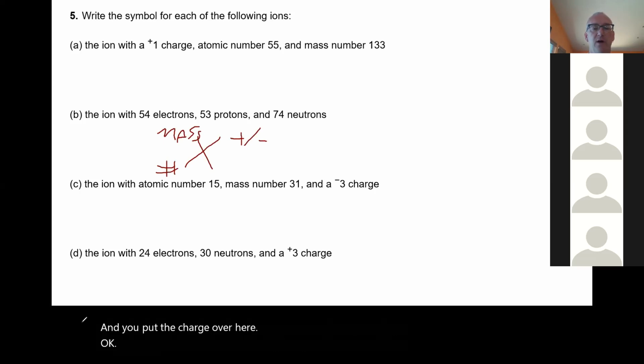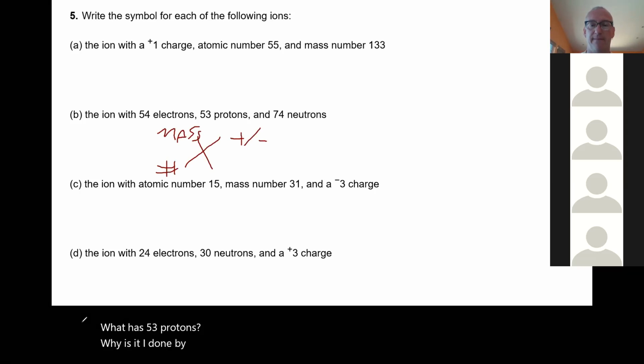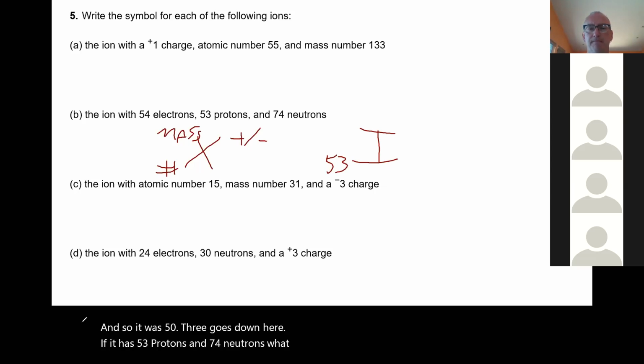So if we go to the periodic table, what has 53 protons? Iodine. Is it iodine? Okay. So I, right? And so 53 goes down here. Now, if it has 53 protons and 74 neutrons, what's its atomic mass?